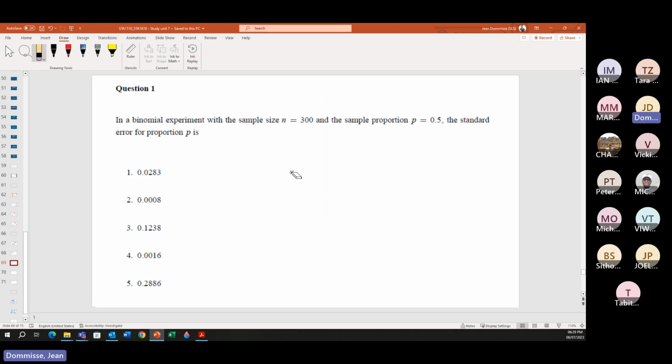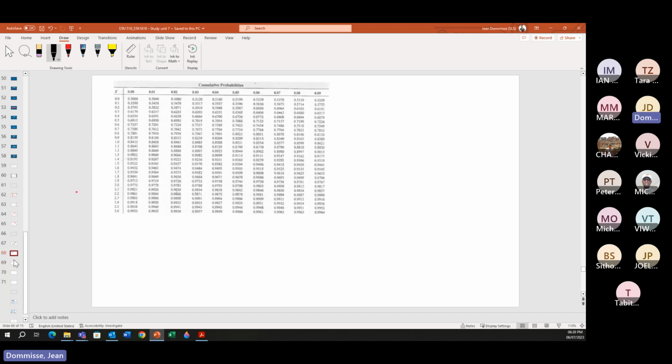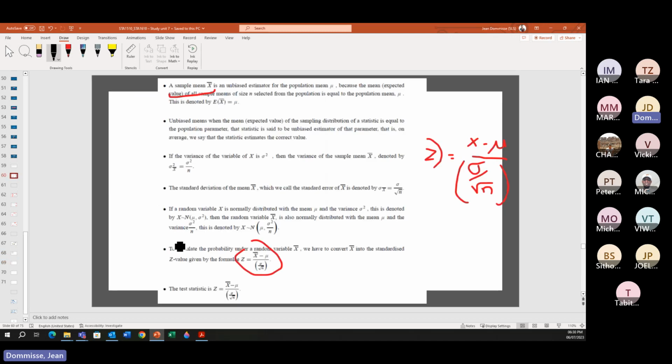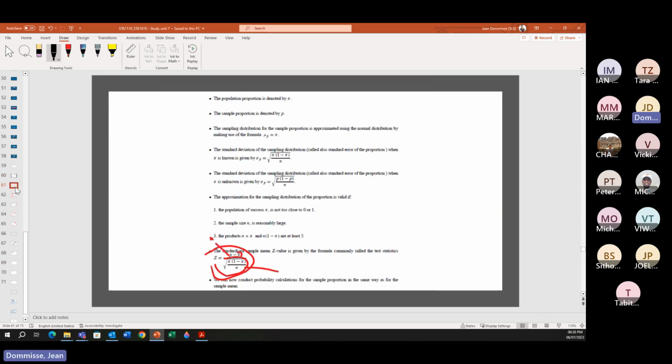Okay, cool. Okay, so let's look at the sample proportion. And again, you don't need to remember the formulas. I don't remember them. You don't need to remember them. You have enough material that you have in your textbooks and in all the notes, so that you don't need to remember it.